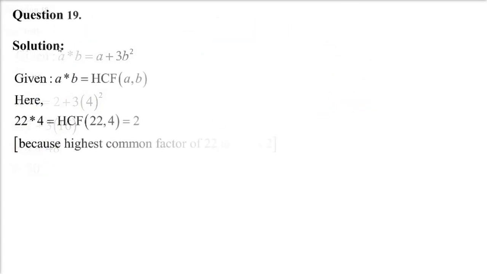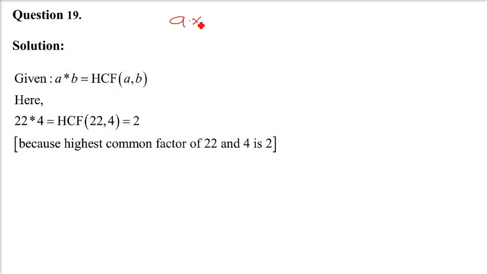Then the next one. Let star be the binary operation on natural numbers N given by A star B is HCF, highest common factor, of A and B, where A and B belong to N. Write the value of 22 star 4. So just find out the HCF of 22 and 4.